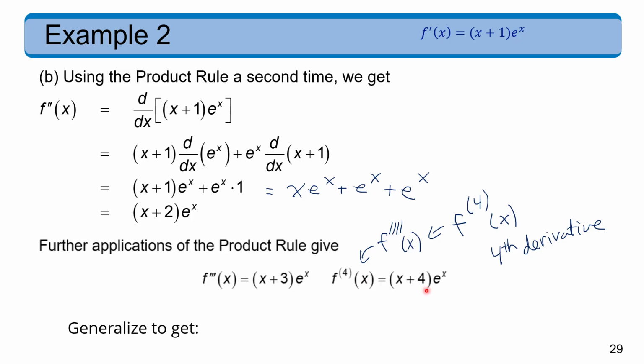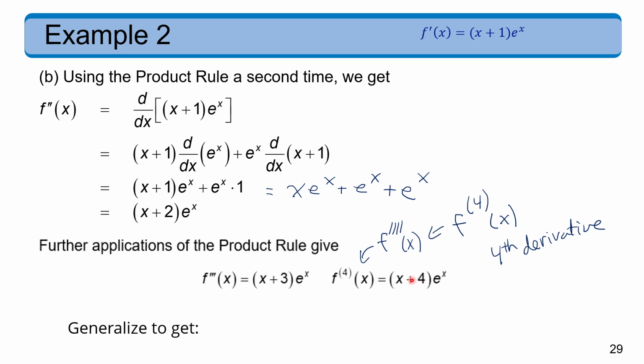So now the question is, what would the nth derivative look like? Well, look at the pattern. So here's the first derivative. Now compare that formula to the formula for the second derivative, and then the third derivative, and the fourth derivative. They all look the same except for this constant that's added to x.